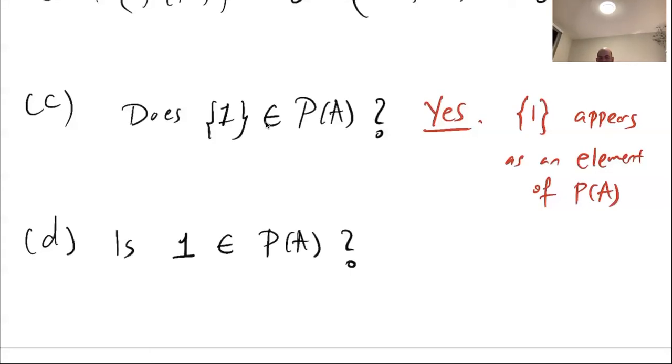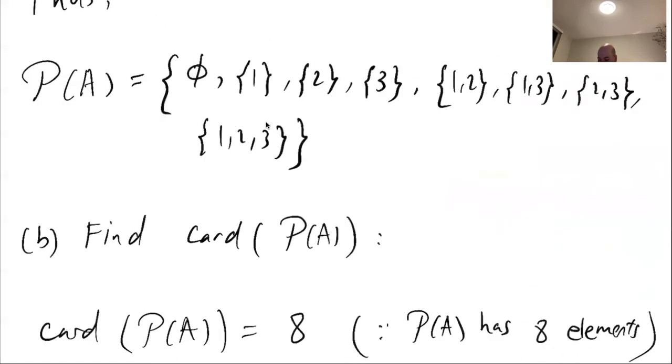Is {1} an element of P of A? Here I said does, but I guess it should be: does {1} belong to P of A, or is {1} an element of P of A? What about this one? {1} belongs to P of A.